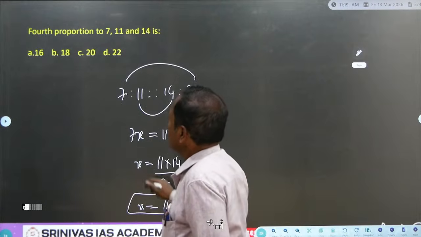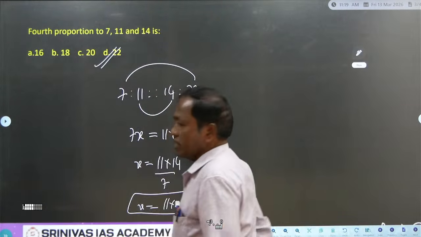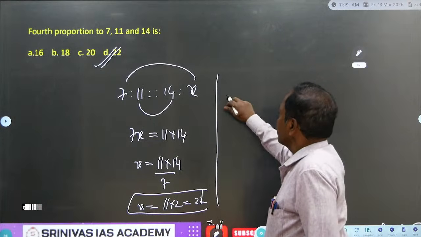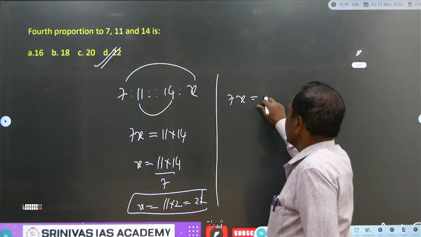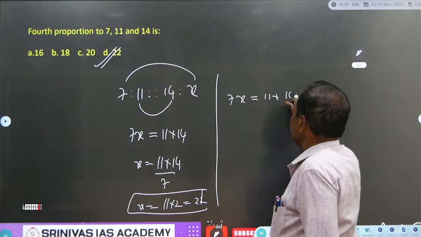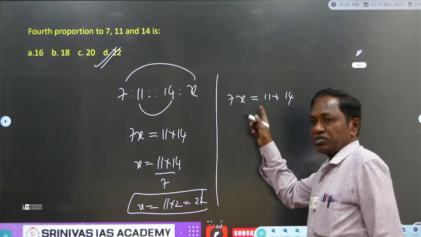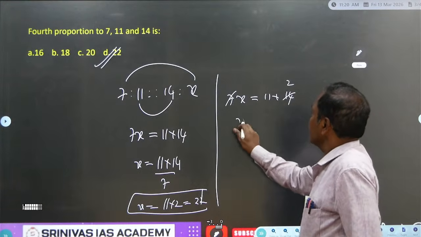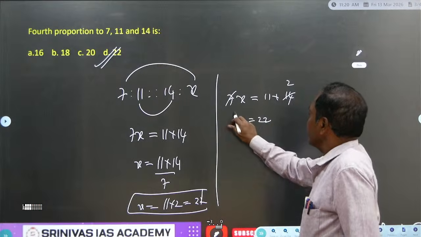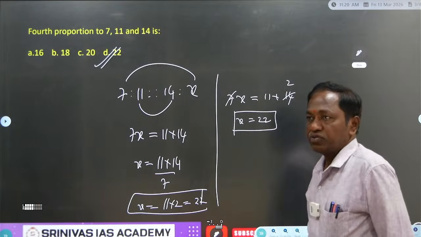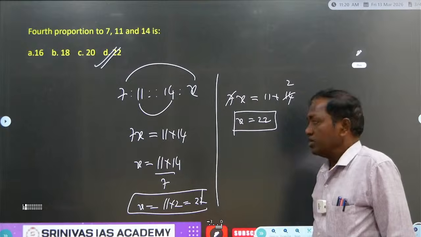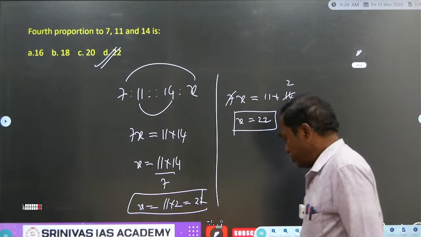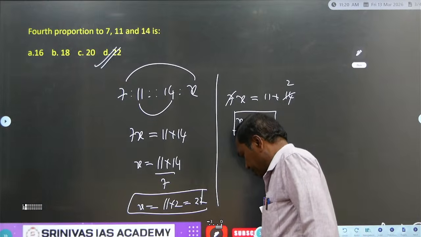X value is 22. Option A. Okay. Alternatively, 7x is equal to 11 into 14, but here you have to cancel right there. 7 was a 7 2s. So x value is 22. Like that. Straight away you can do, instead of writing too many steps. You need to learn to crack accordingly.